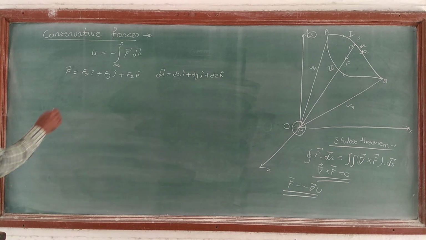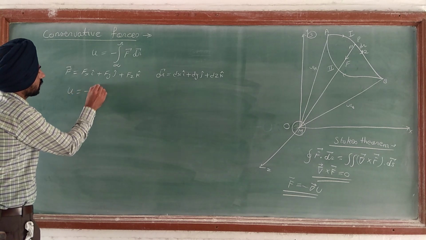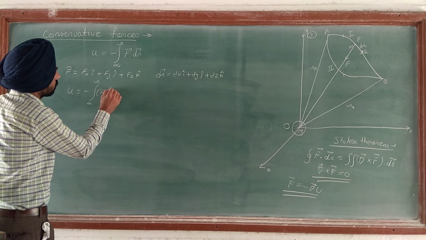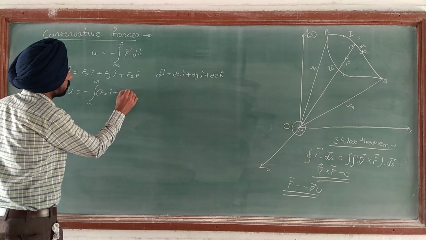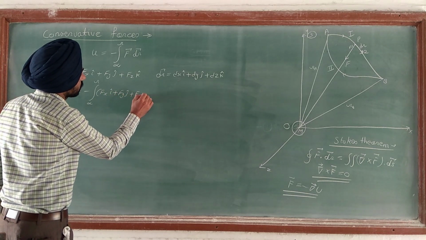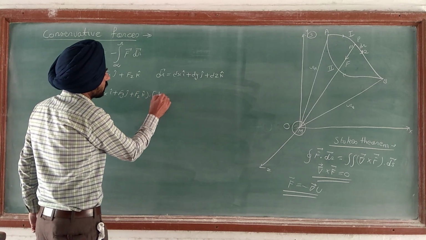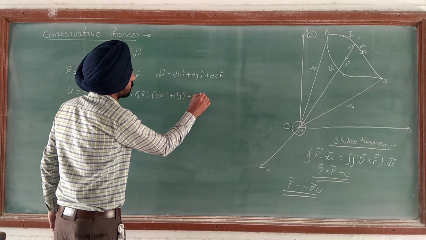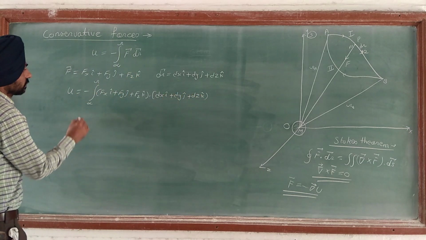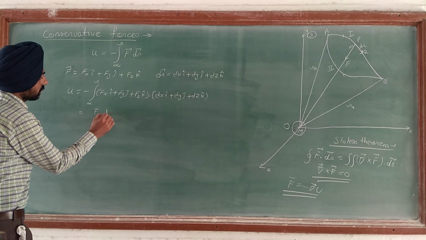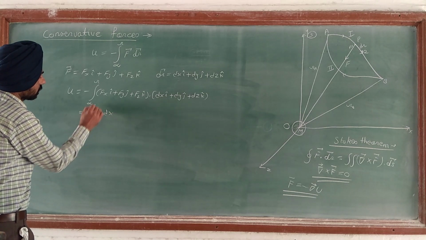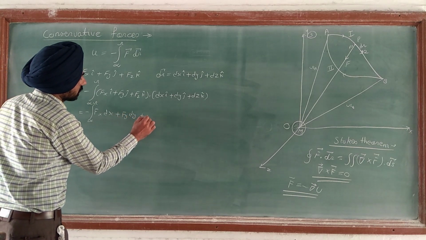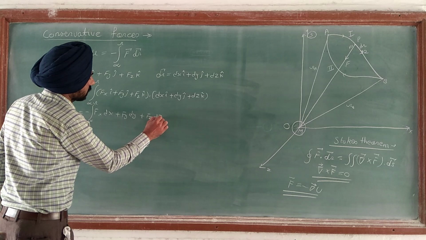Now we will substitute here U equal to minus integral from infinity to R of (Fx i cap plus Fy j cap plus Fz k cap) dot (dx i cap plus dy j cap plus dz k cap). So we will get Fx dx plus Fy dy plus Fz dz.